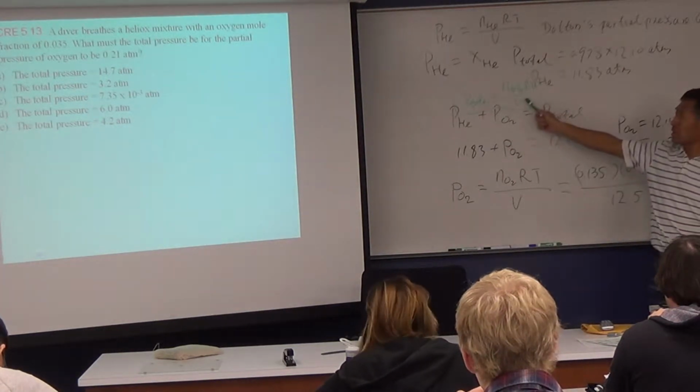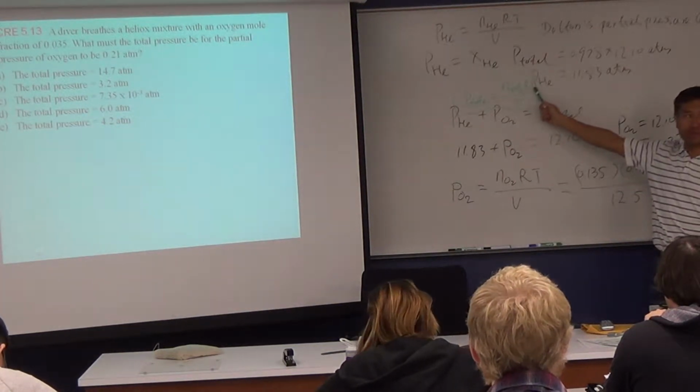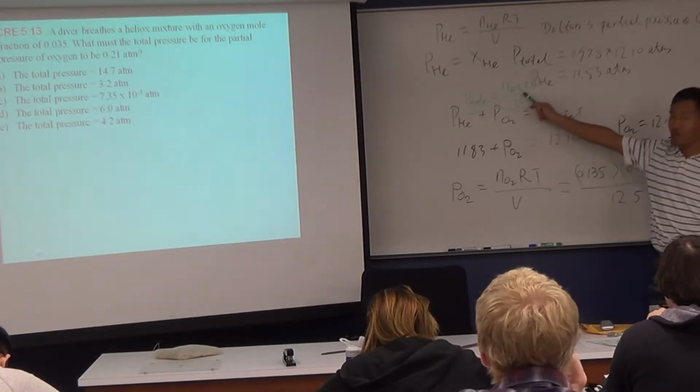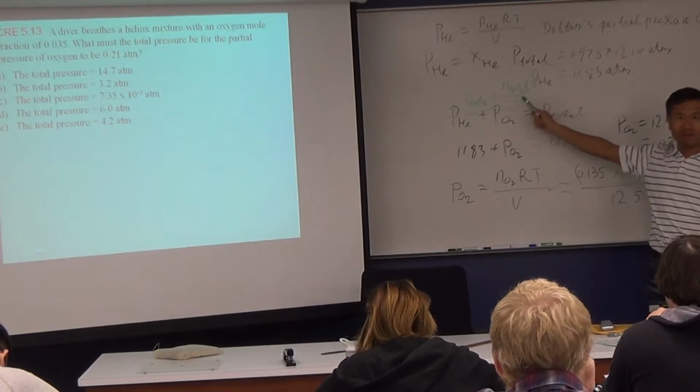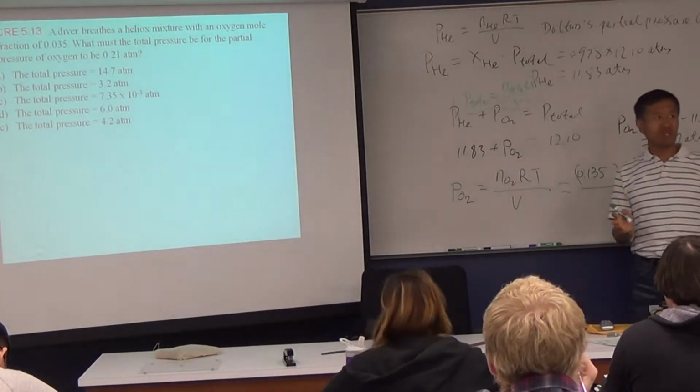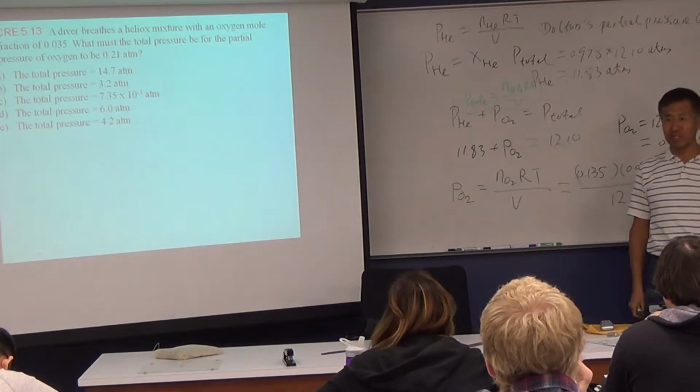No, you don't have the information. You don't know the temperature, you don't know the volume, and you don't know N total either. So think about what else equation has P total in it.